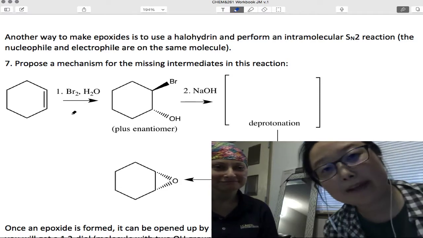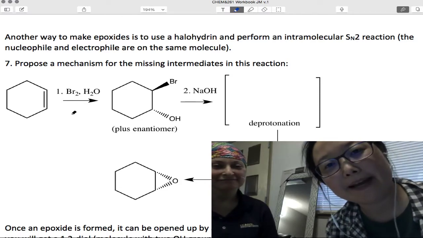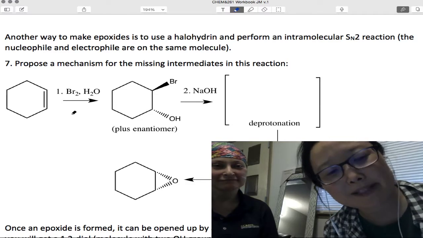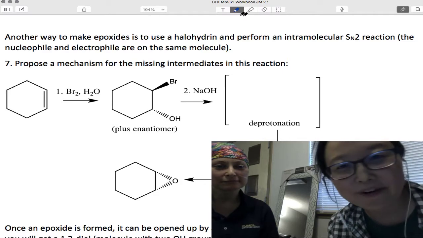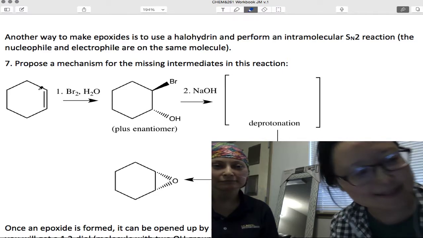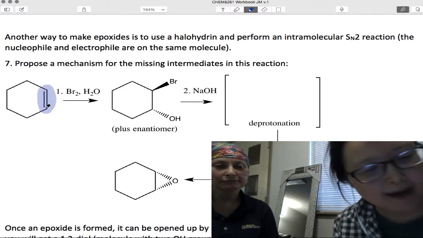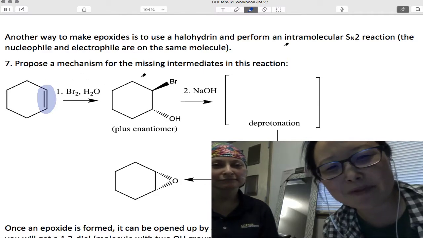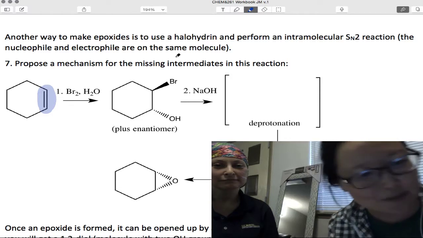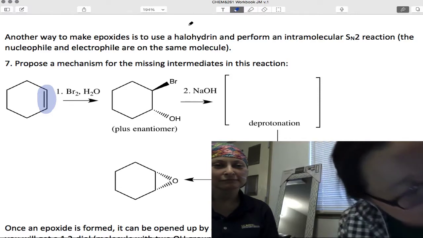The other way to make an epoxide is not as common, but it's something your textbook mentions as a fun way to bring back reactions you learned before. This one is taking a pi bond and doing a hydrohalogenation. Do you guys remember that reaction? That's where you take a bromonium ion.